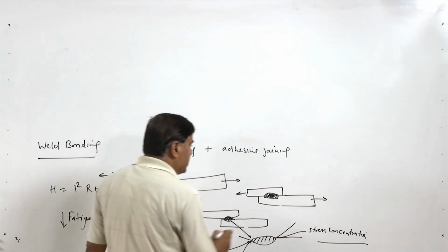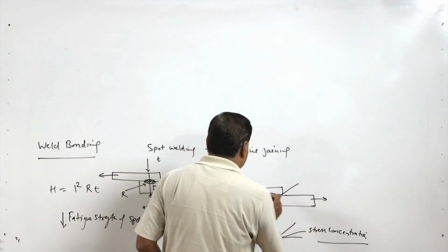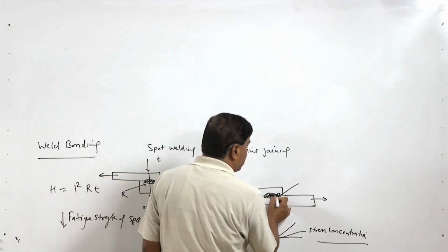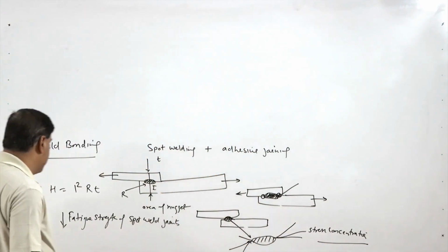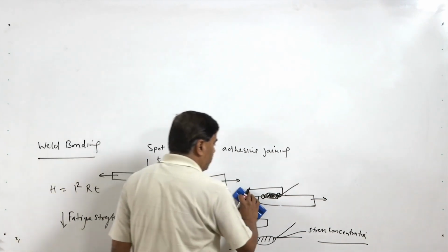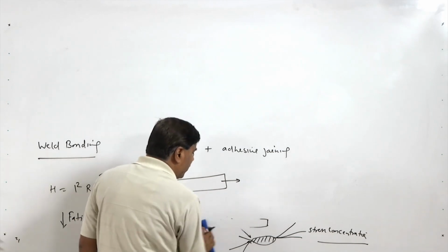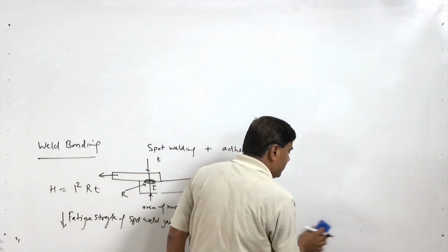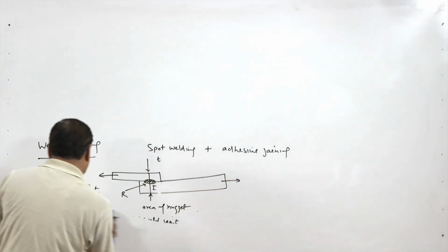Since the high stress concentration exists at this location, under fatigue load conditions cracks easily initiate at these points and then propagate. So, the fatigue strength and fatigue life of spot weld joints is poor, and therefore a lot of efforts have been made to enhance the fatigue load carrying capacity of the joint.